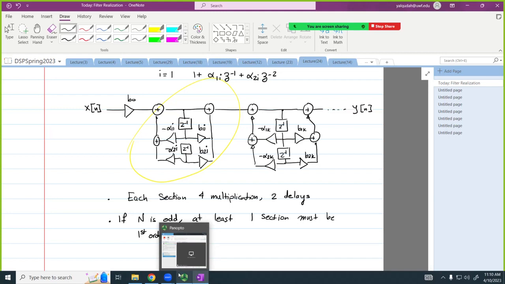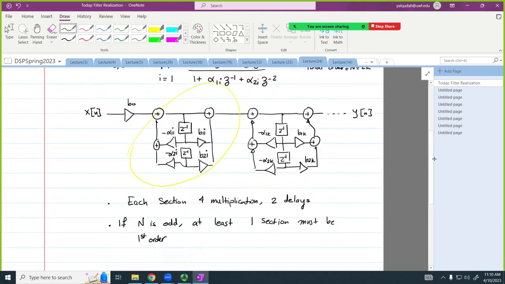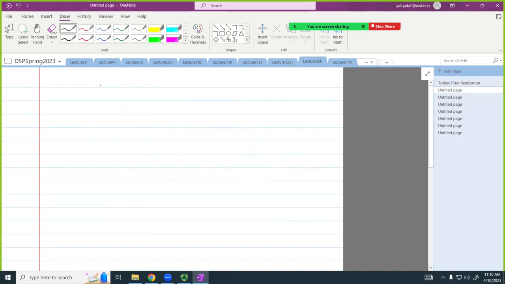Finally, the next form that we can have is the parallel form. And in here we're going to break H of z into partial fractions, first and second order, and combine the smaller forms as parallel direct 2 forms.